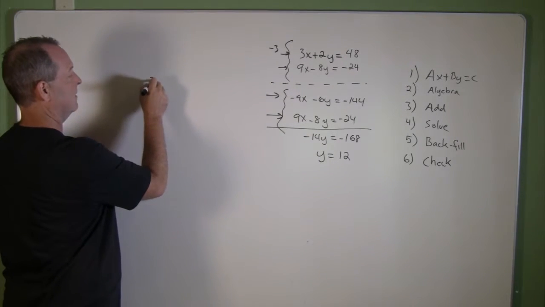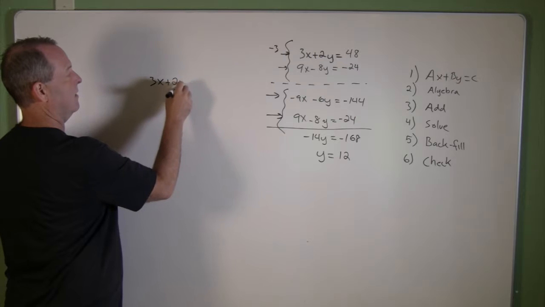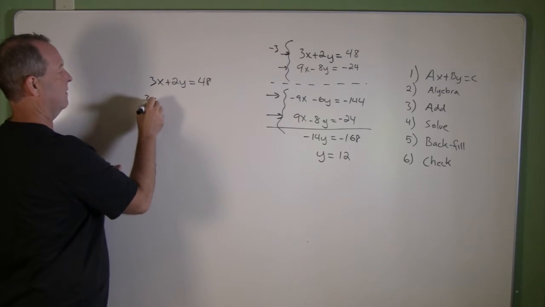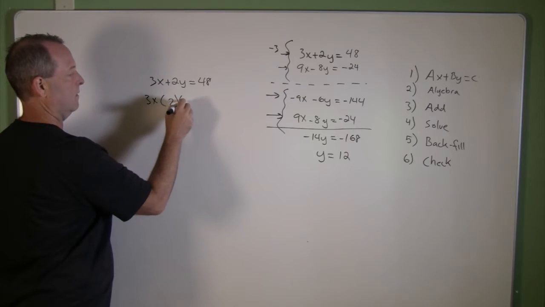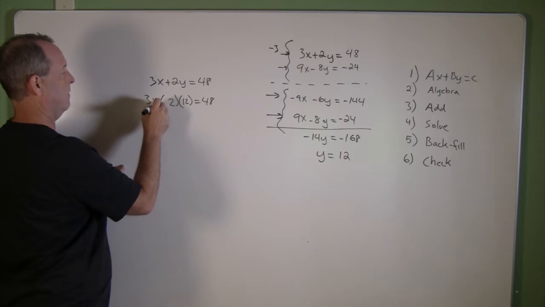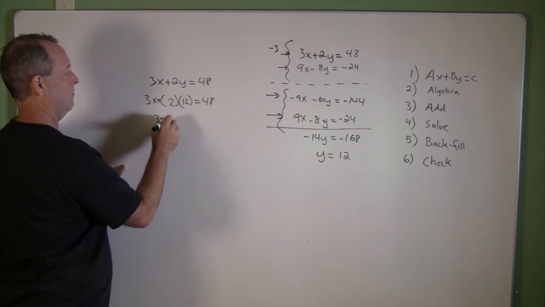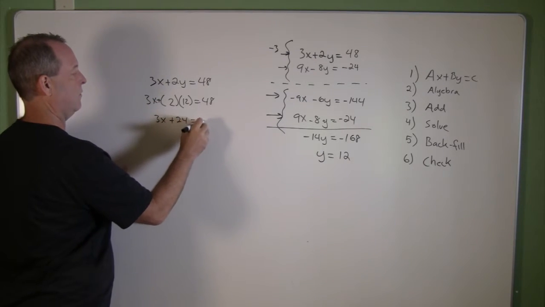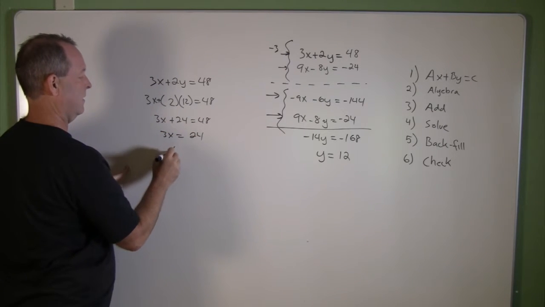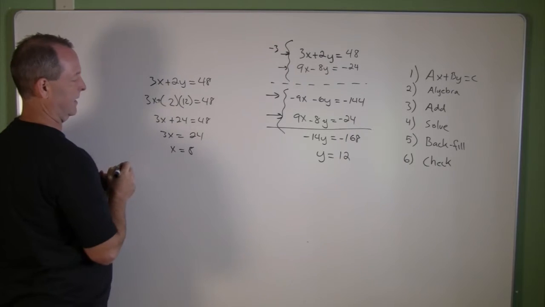So 3x plus 2y equals 48. Put in 12 for y. Solve that down. 3x plus 24 equals 48. 3x equals 24. x equals 8.